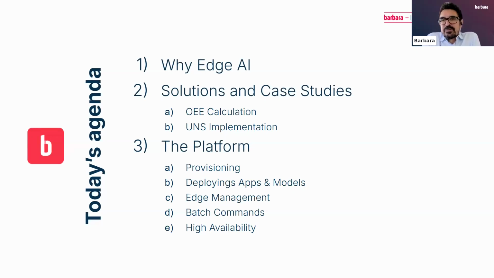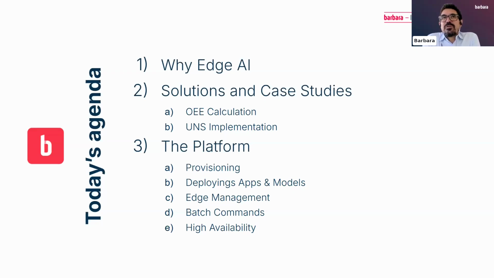The first one is calculation of the parameter called OEE. This is overall equipment effectiveness. This is a way of calculating how well any system, any machinery, is performing in the industrial world. We are going to simulate a CNC machine today and try to calculate this parameter for that equipment.